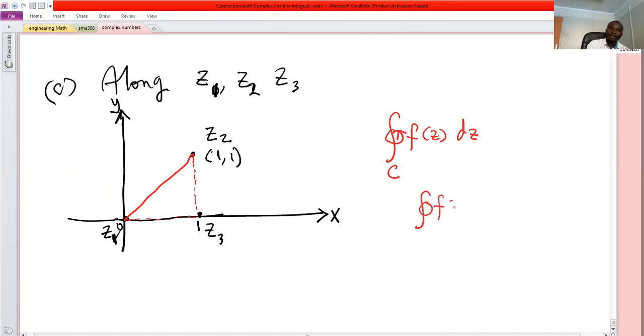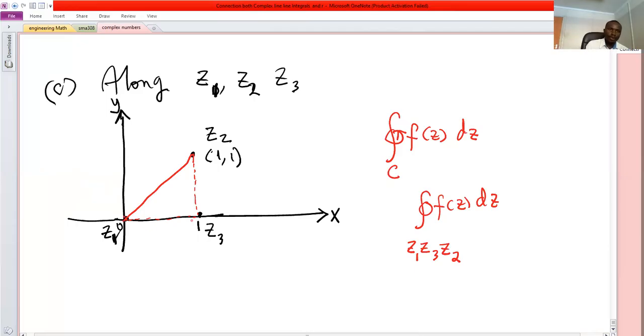So we move from z1, then we go to z3, then we go to z2. The objective is to integrate from this point to this.